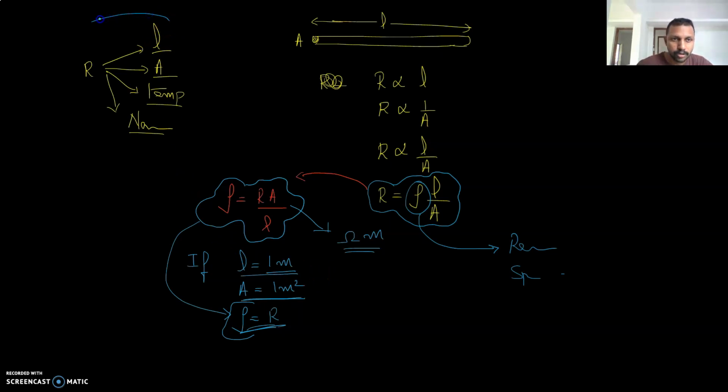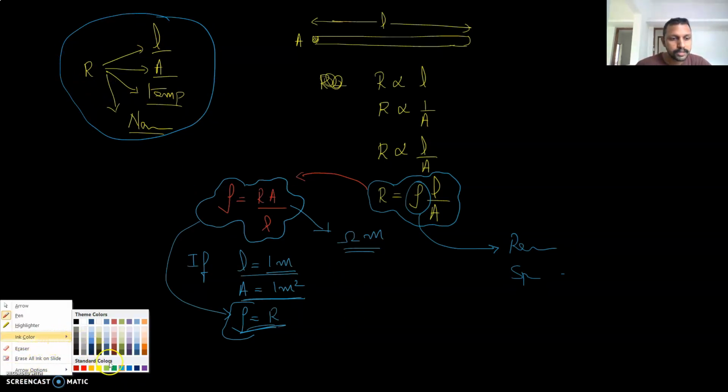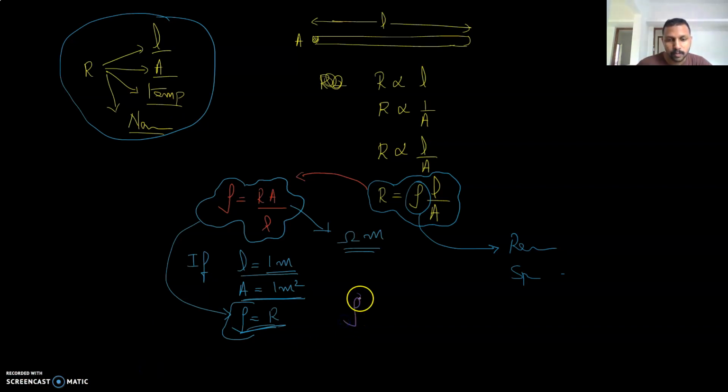Resistance depends on four factors. But resistivity will depend on two factors: one is temperature and the other is nature of material.